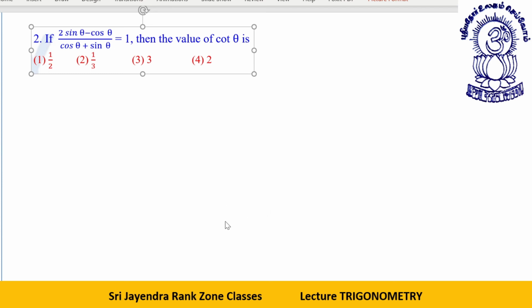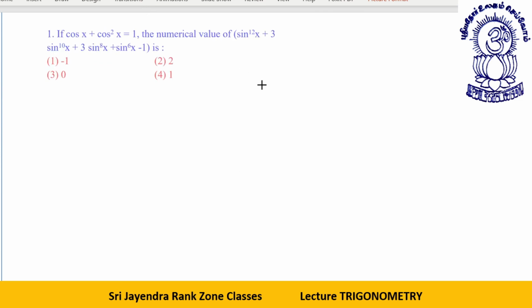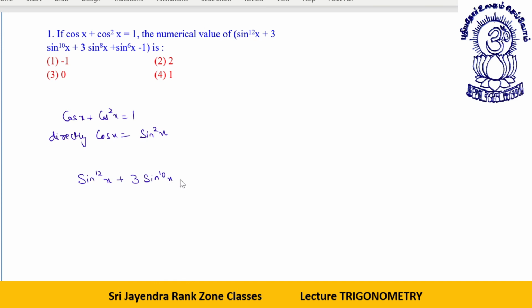This exercise 2 will be finished very quickly. You have cos x plus cos square x is equal to 1. You can directly say cos x is equal to sine square x. Now what do you require? You require sine raised to the power 12x plus 3 into sine raised to the power 10x plus 3 into sine raised to the power 8x plus sine 6x minus 1.